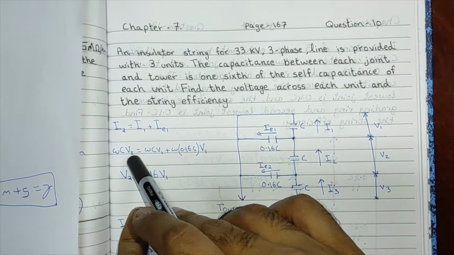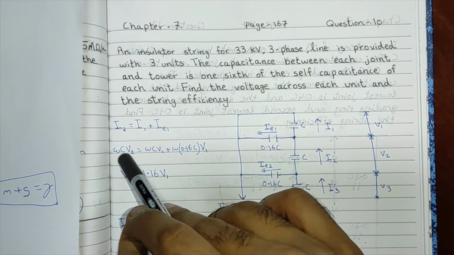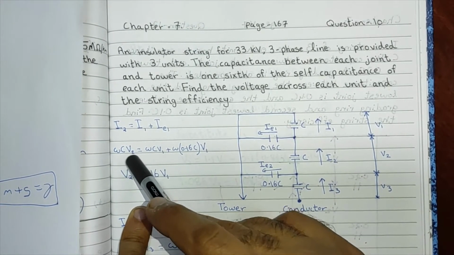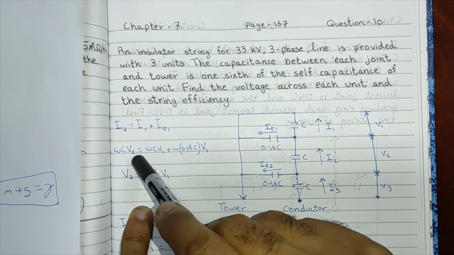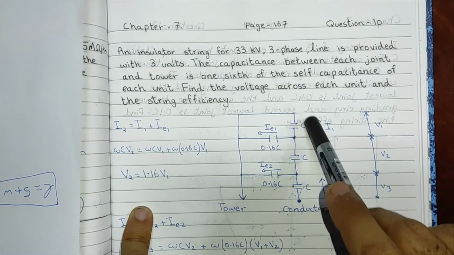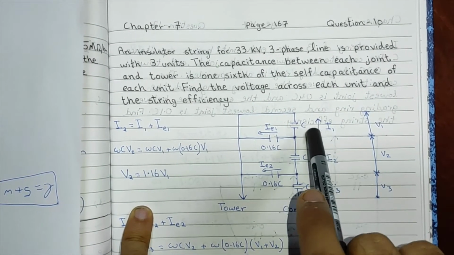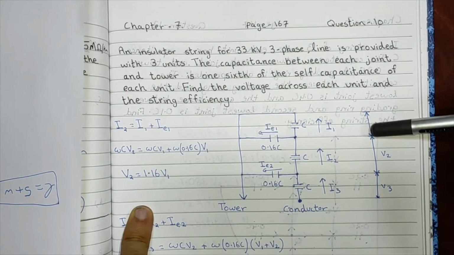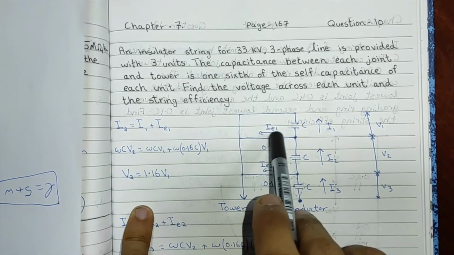So the current can simply be written as omega C V2, because the voltage across this capacitor is V2, as you can see here. And then it's equal to, where is I1? I1 is the current through this capacitor. So you can replace this I1 with omega C V1 because the voltage across this capacitor is V1. Plus, what about this current here, IE1?